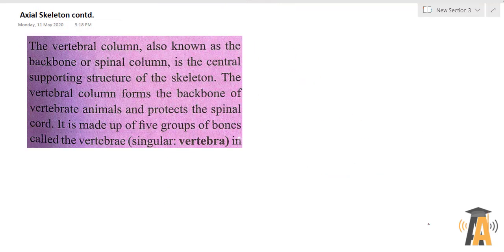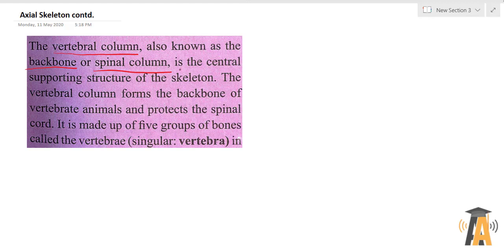So next we'll look at the vertebral column as part of the axial skeleton, and we said the vertebral column is also known as the backbone or the spinal column. Whichever you call it, they are all correct. They are all names for the vertebral column, and this is central in supporting the structure of the skeleton.